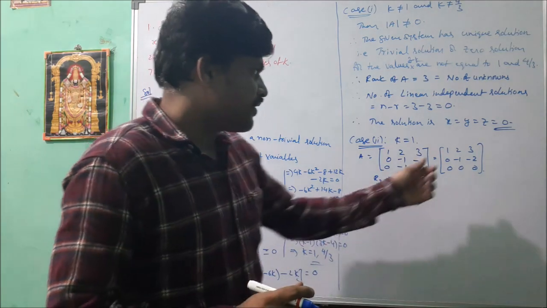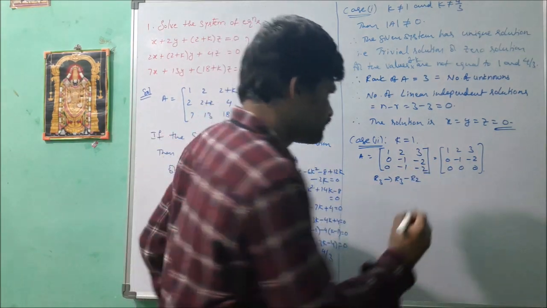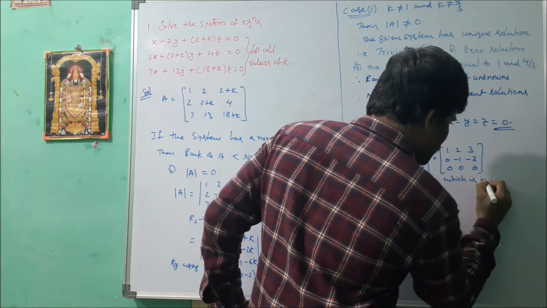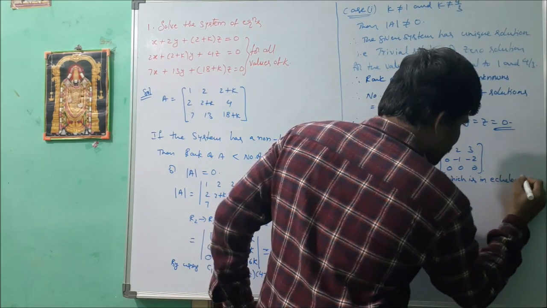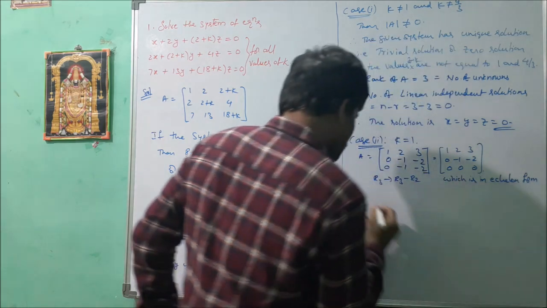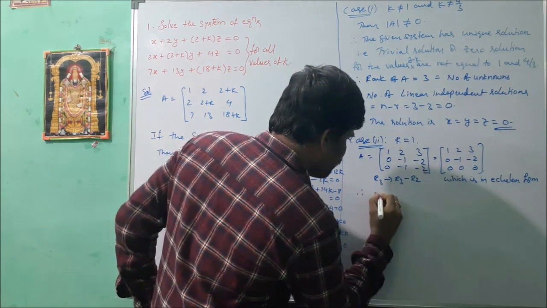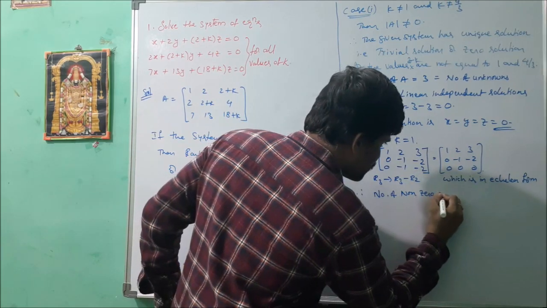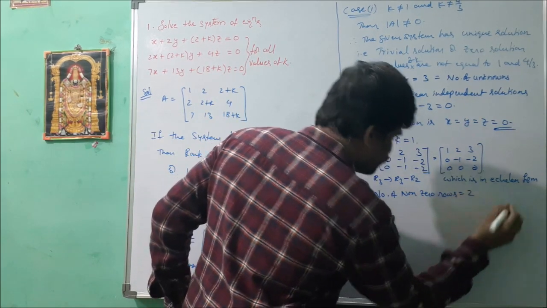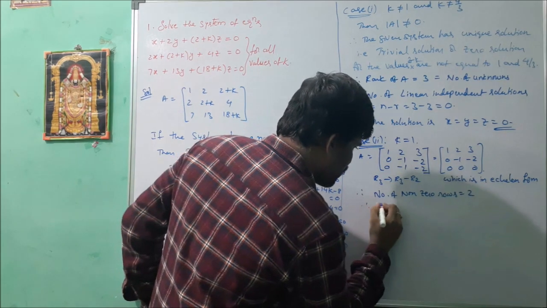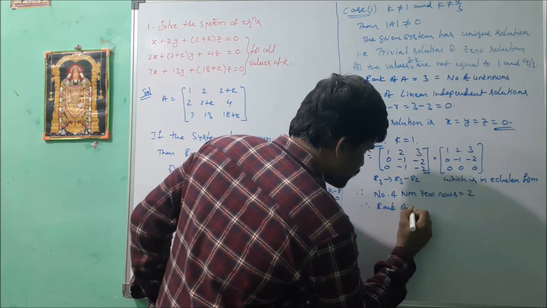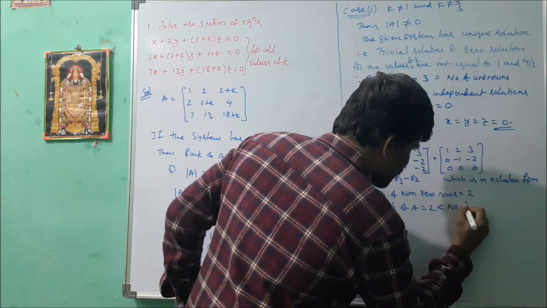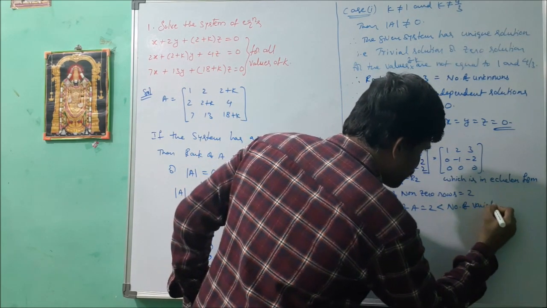Here we observe that it is in echelon form. Therefore, the number of non-zero rows equals 2. Rank of A equals 2, which is less than the number of variables or unknowns.